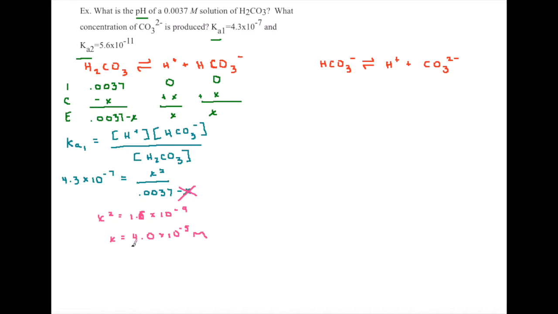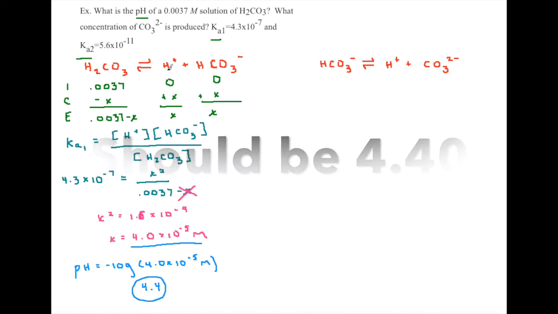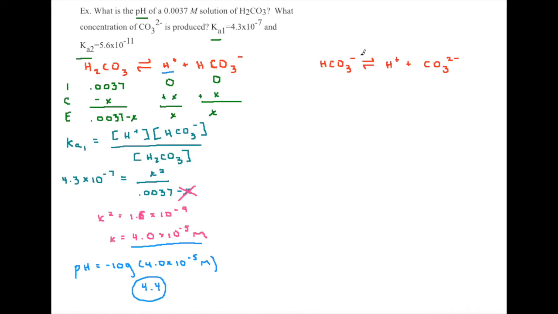And from that, since this is also the concentration of my hydrogen ions, because that's just X, I can find my pH quickly by taking the negative log of 4.0 times 10 to the negative 5th. And what I end up getting is 4.4 for my pH. Okay? Keep in mind the fact that I'm just using this concentration of H+, not the hydrogen ion that's produced in the second ionization of this acid.